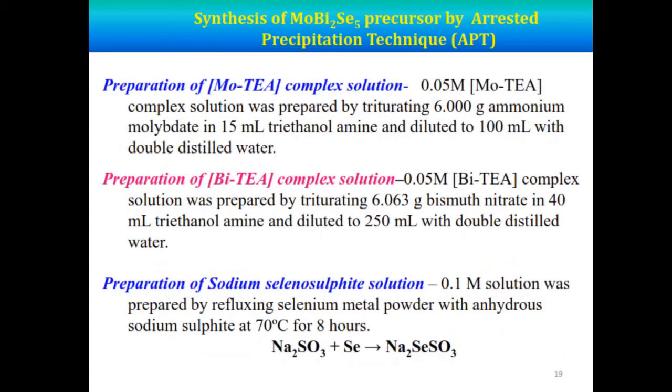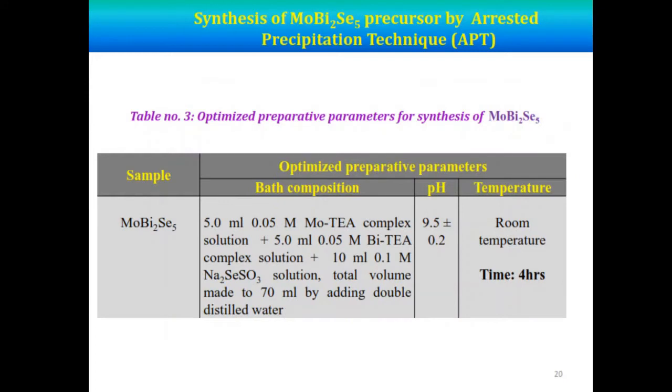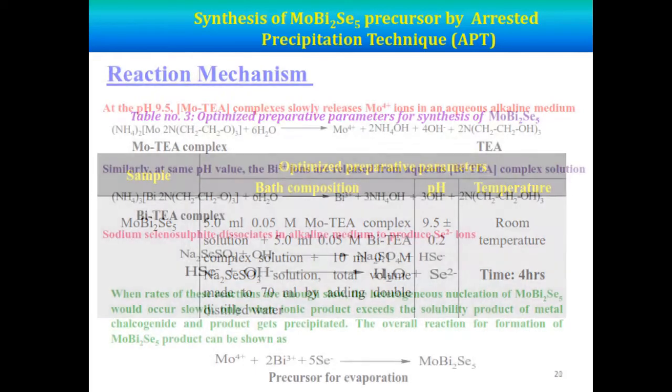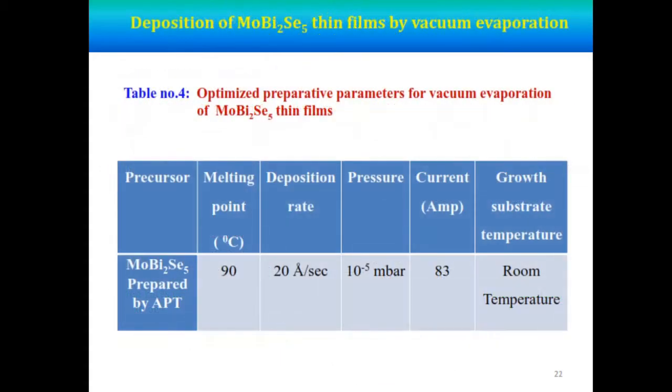This is the optimized preparative parameters for synthesis of MoBi2Se5. This is the reaction mechanism for synthesis of MoBi2Se5 precursor by arrested precipitation technique.